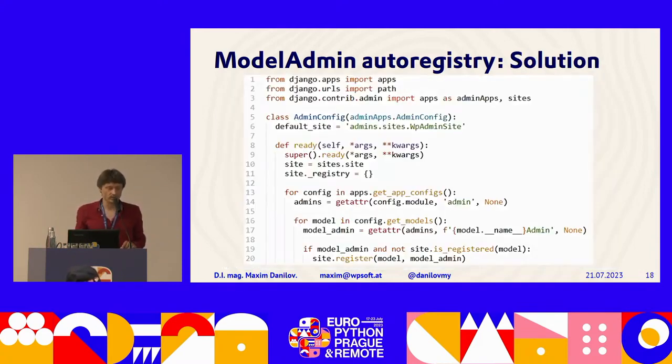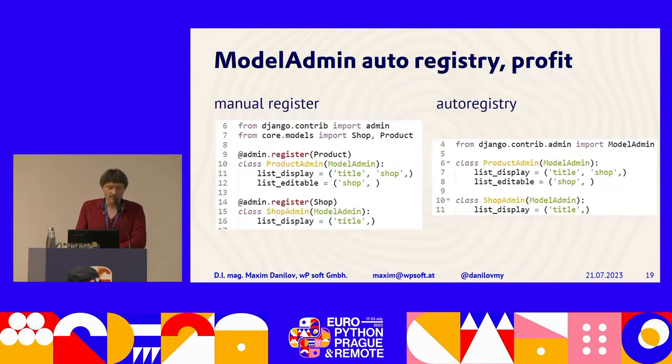What I want to do, I create a model admin auto register, and you don't need to read this code, you can see it in the repository. But what happens? After that, I create admin.py, I write only model admins, and on the start of my server, auto register goes through all models, goes through all admins, and the appropriate model is registered with the appropriate model admin.